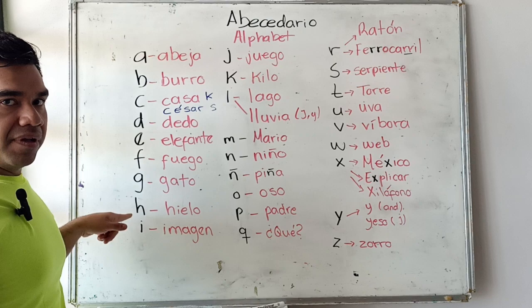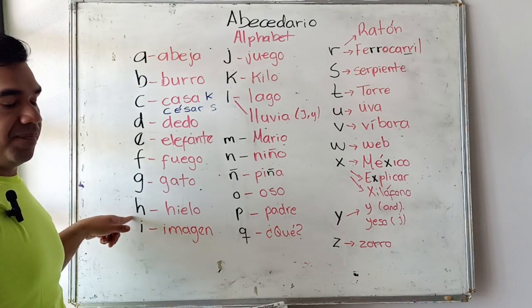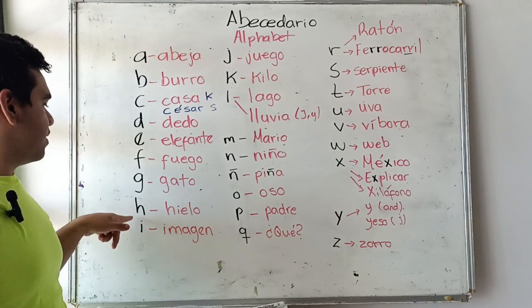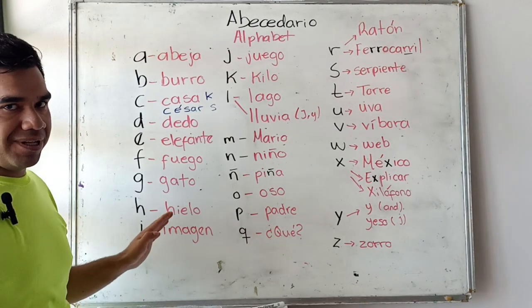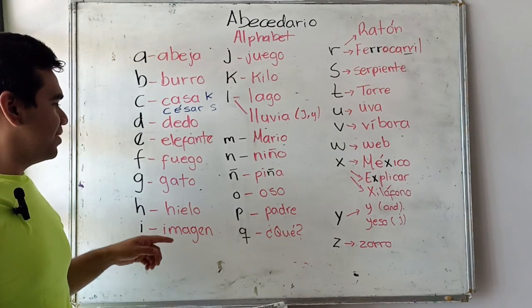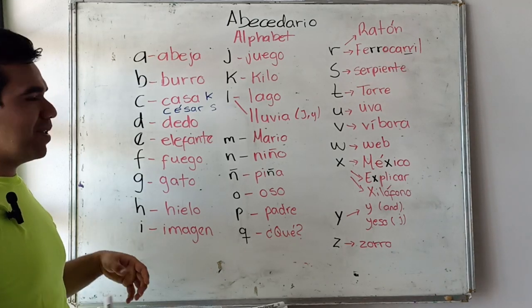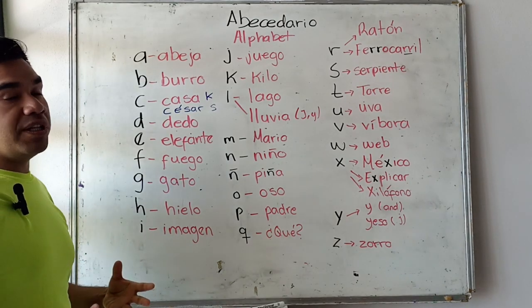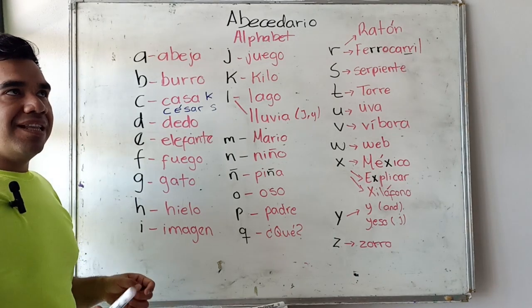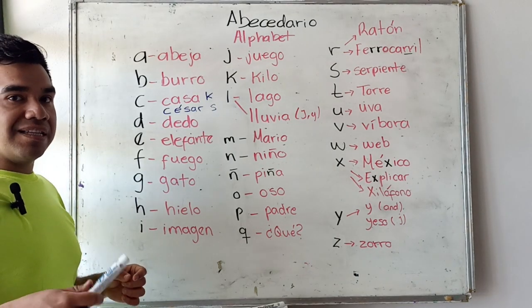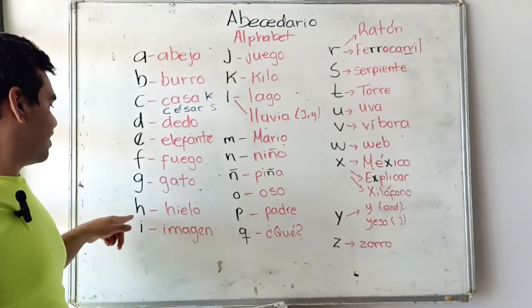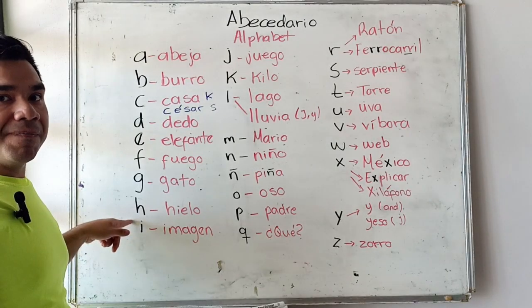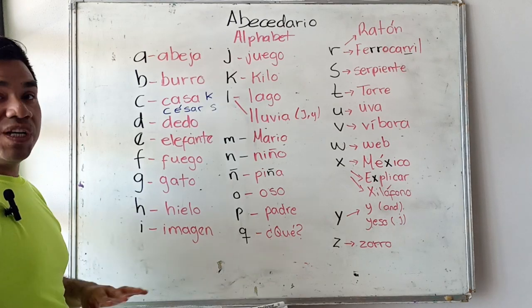H. Here, the letter H doesn't have any sound, right? So, for instance, in the English word house, the H has a sound, right? But in Spanish, the letter H doesn't have any sound.